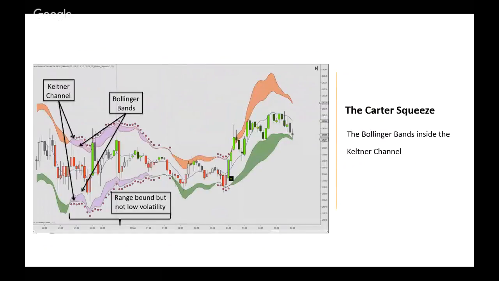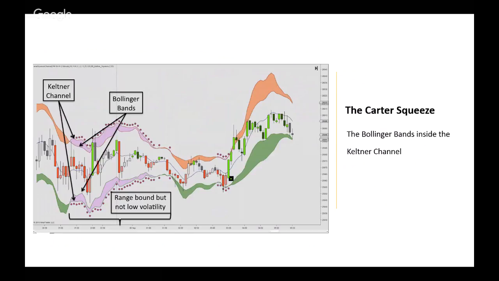As for Carter's approach, that compares the Bollinger bands with the Keltner channel. So if the Bollinger bands narrow in width to a point where they are inside the Keltner channel, it constitutes a Carter squeeze, or a Bollinger-Keltner squeeze, we can also call it.